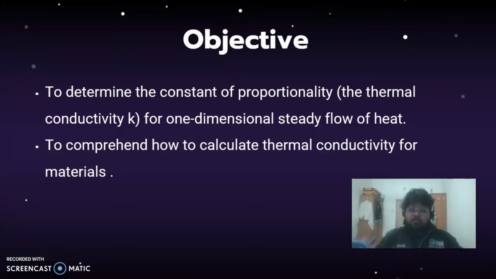The objectives are to determine the constant of proportionality of thermal conductivity for one-dimensional steady flow of heat, and to comprehend how to calculate thermal conductivity for materials. These are the main objectives for the lab.